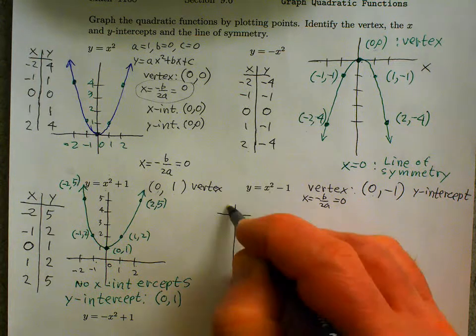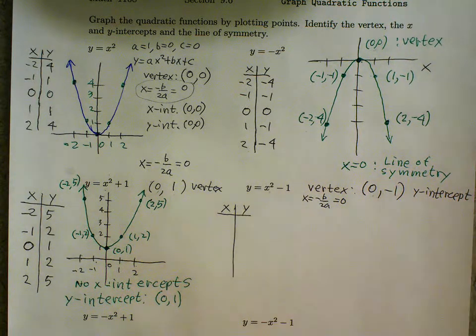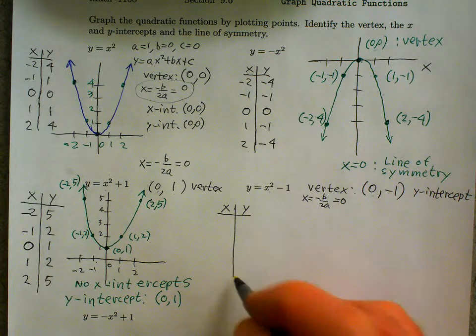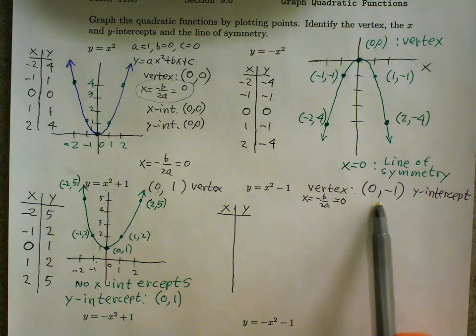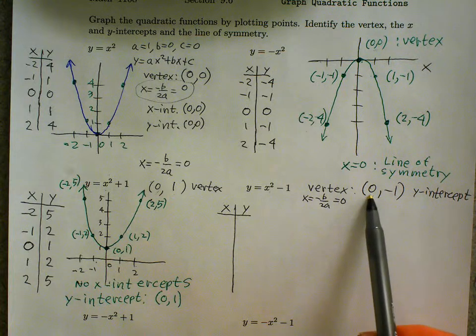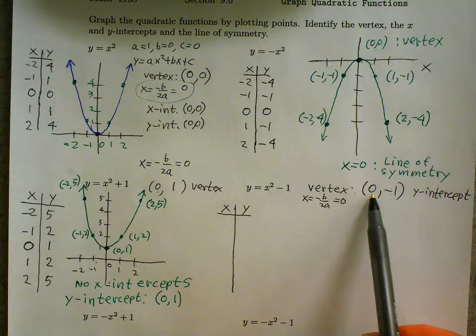All right, so if we pick x-coordinates, you can pick more than 5 ordered pairs if you want, but I'm going to pick 5, and my middle x value is going to be the x-coordinate of the vertex.